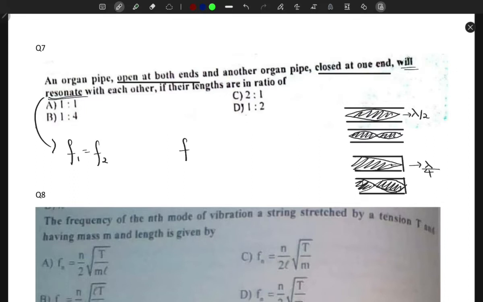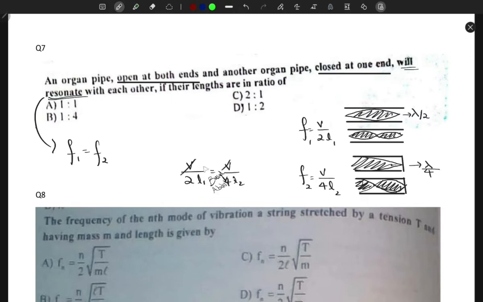So the frequency for the pipe that's open at both ends is given as V over 2L, and for this one which is closed at one end and open at one end, it is given as V over 4L. So the ratio of these two frequencies, if this is frequency 1 and length 1, and frequency 2 and length 2, the speed of sound is a constant, so it's going to remain constant, and the ratio of the lengths can be computed as V over 2L1 is equal to V over 4L2.